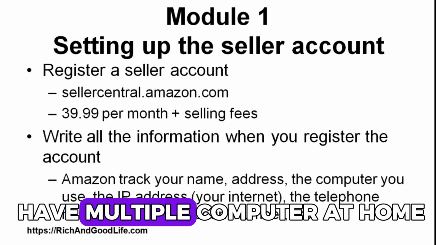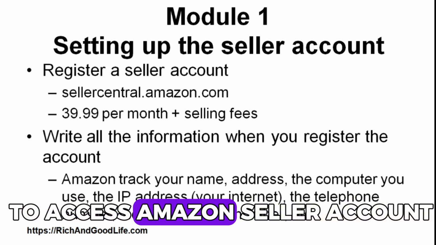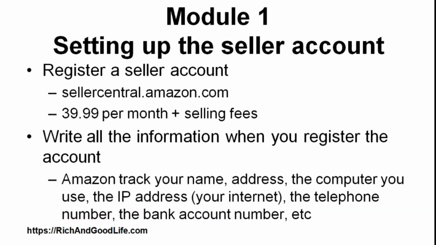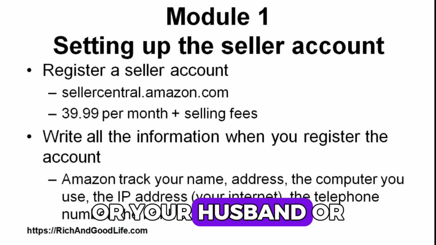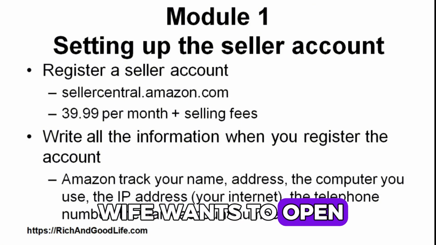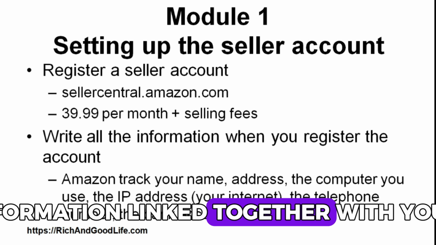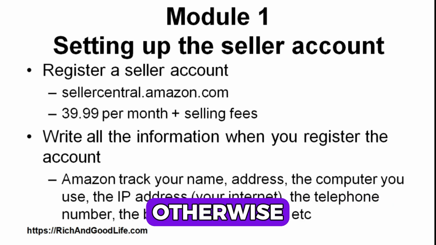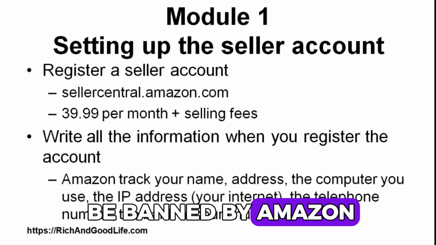If you have multiple computers at home, only use one computer to access your Amazon seller account. Maybe in the future, your sister or brother or your husband or wife wants to open their own seller account. You don't want their information linked together with yours. Otherwise, your seller account and their seller account will be banned by Amazon.